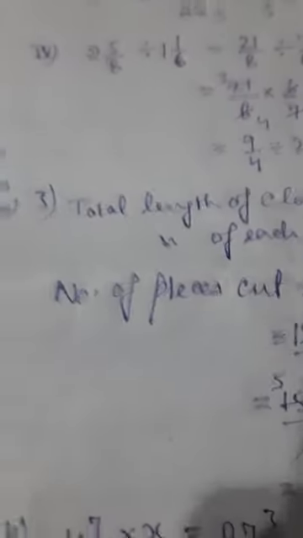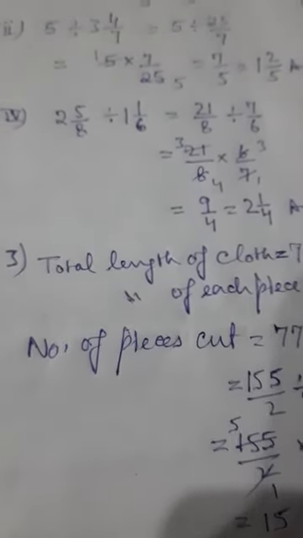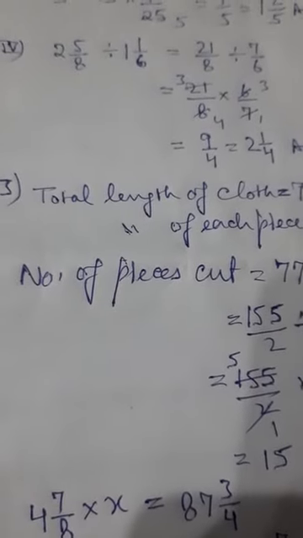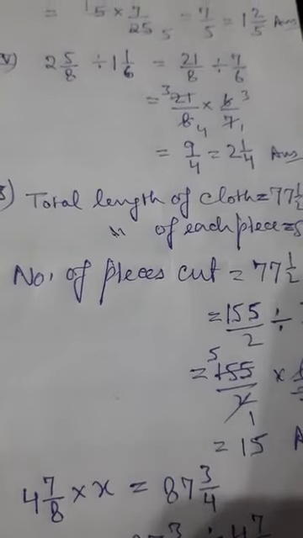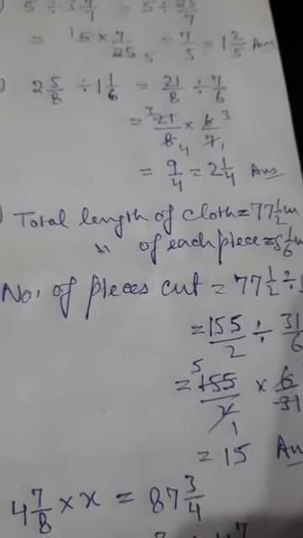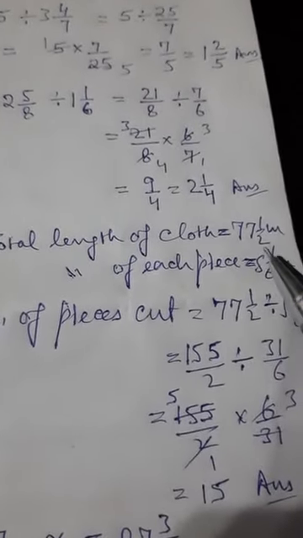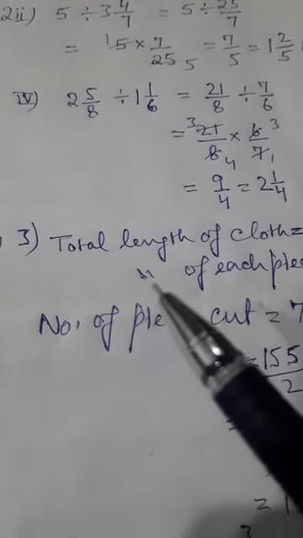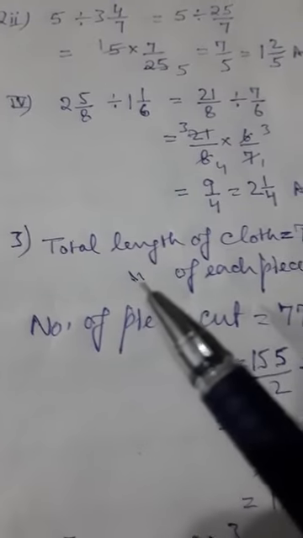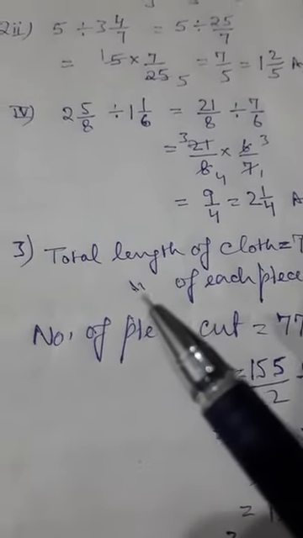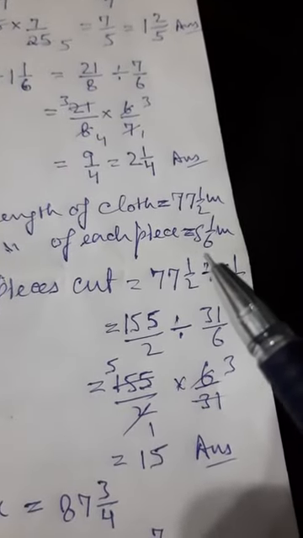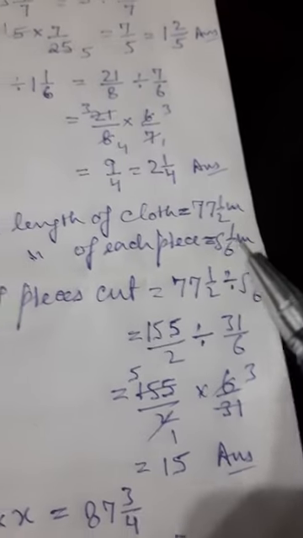Now read question number 3. It is a problem sum. So read the problem and then pay attention here. In this question, the total length of cloth is given, 77 whole number 1 upon 2 meter, and it is cut into pieces, and the length of one piece is 5 whole number 1 upon 6 meter.